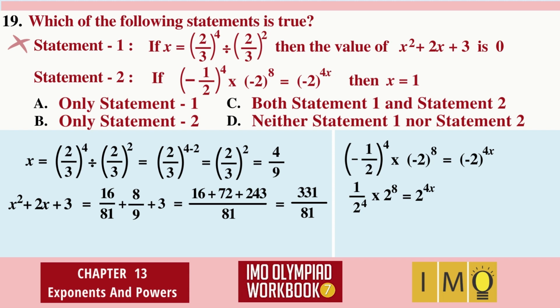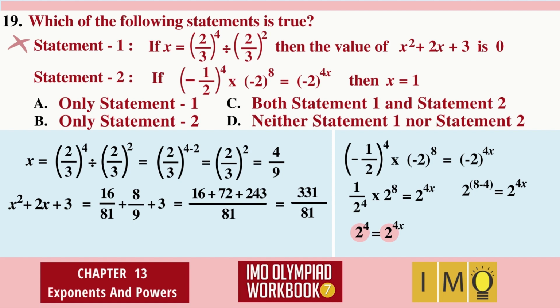Simplifying, we get 2^(8-4) is equal to 2^(4x), which is nothing but 2^4 is equal to 2^(4x).